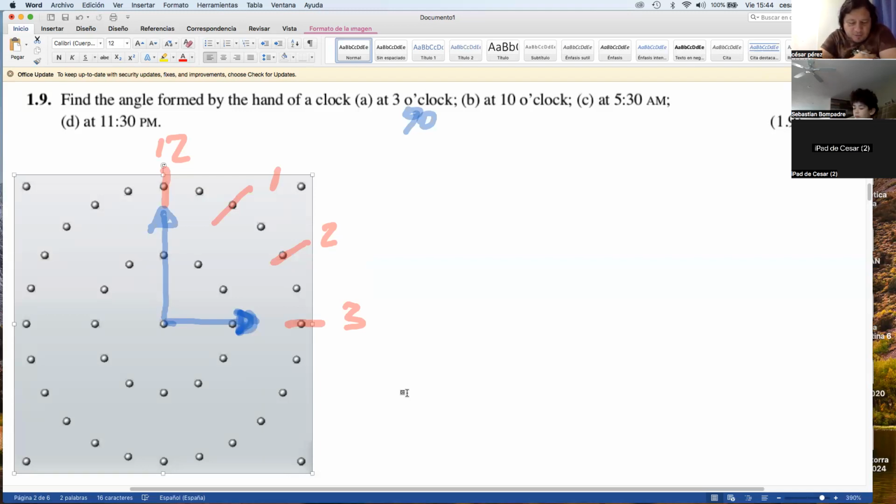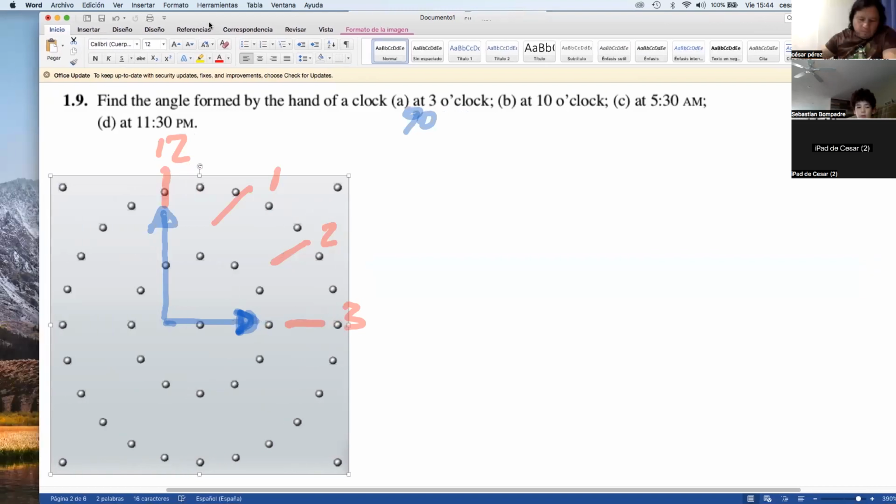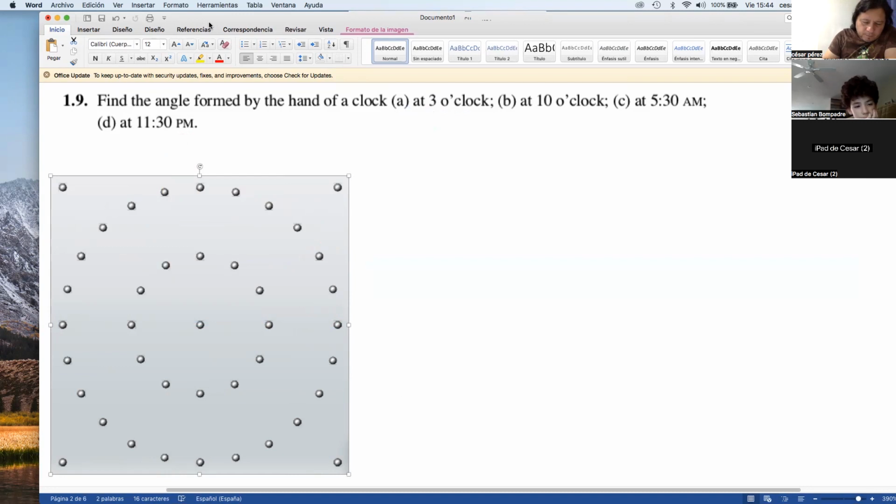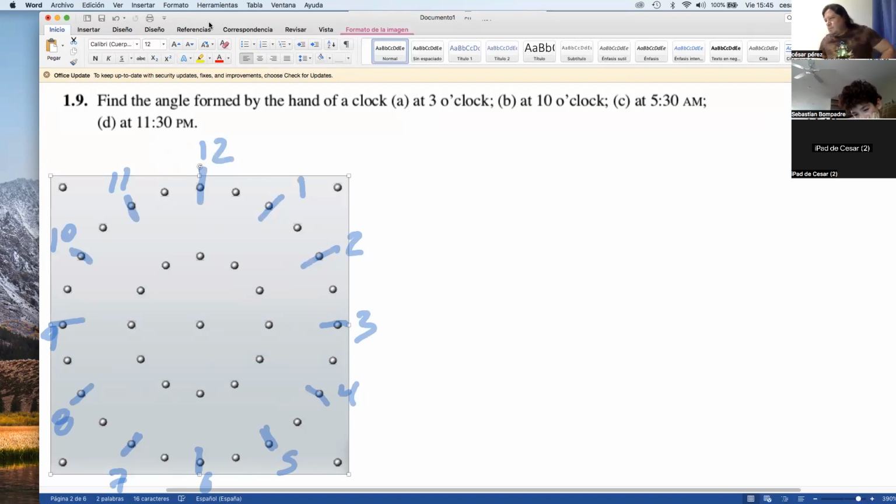At 10 o'clock, 60 degrees. Okay. 60 degrees. And here at 5:30.